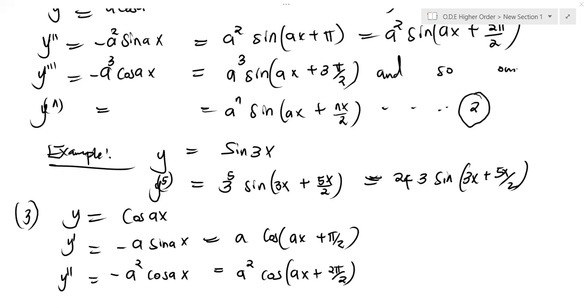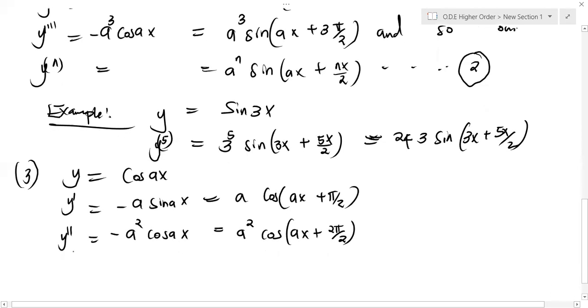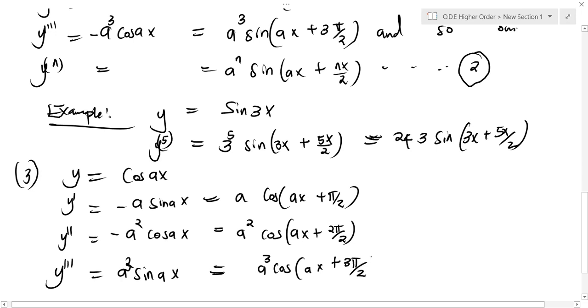Differentiating the third time, y third prime will give us a cubed sine ax, and this is the same as a cubed cos of ax plus 3 pi over 2.